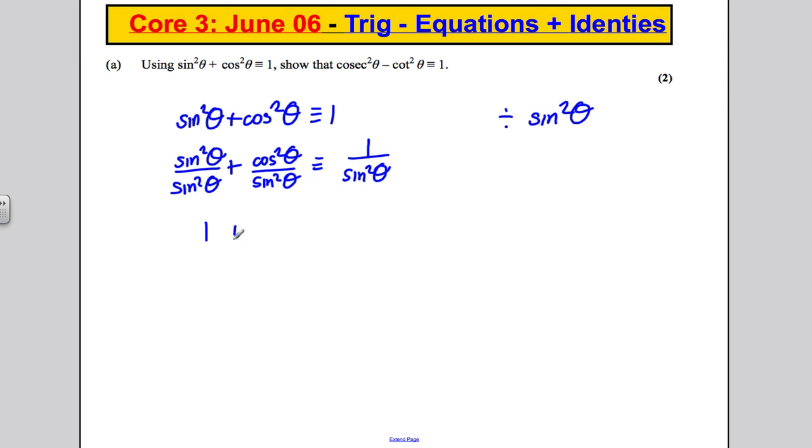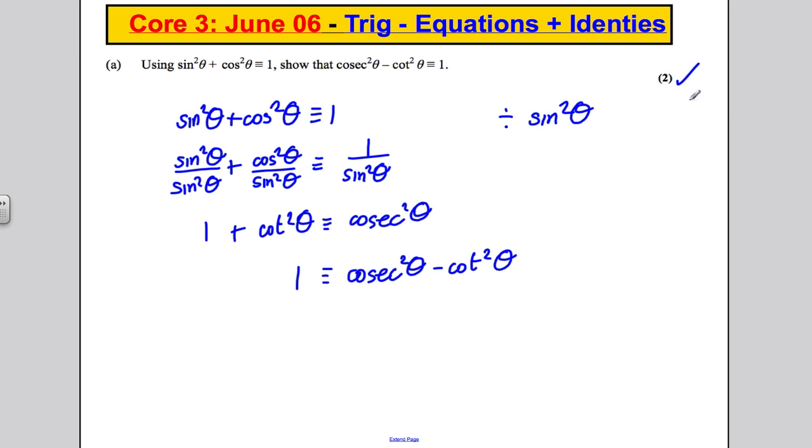So this is 1 plus cot squared theta is equal to cosec squared theta, and therefore subtracting cot squared of both sides, 1 is identical to cosec squared theta subtract cot squared theta. And we've done 2 easy marks.